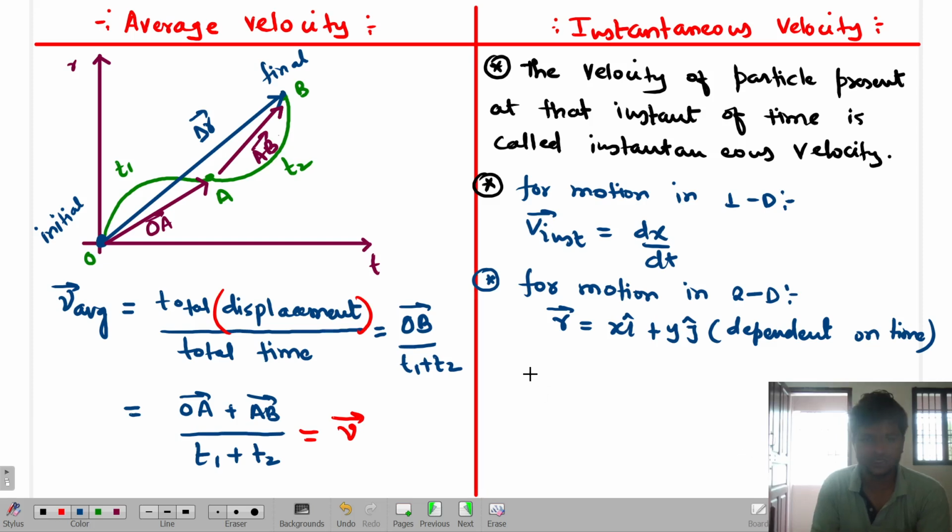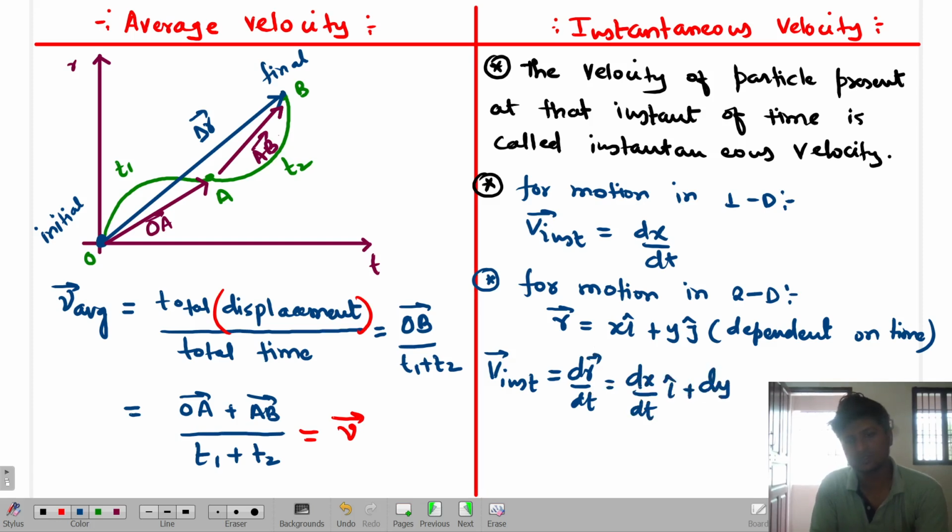Yes. So then the instantaneous velocity is given as the differentiation, dr vector by dt, which can be written in terms of two dimension or three dimension. If it is two dimension, it will be written as dx by dt i cap plus dy by dt j cap. Are you able to get me or not?